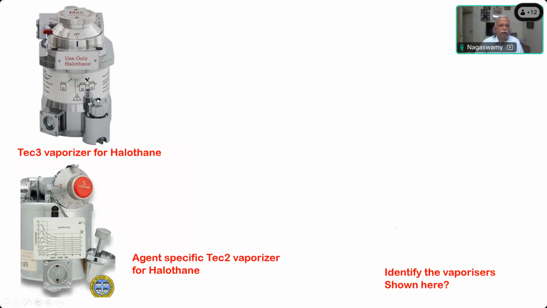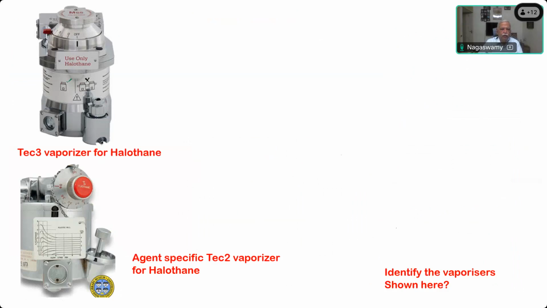Can you see this small black depression there? There will be a nut underneath. Can you see something projecting here? What is this for? It looks like a hole, isn't it? Yes, sir. So that is the drain tube.